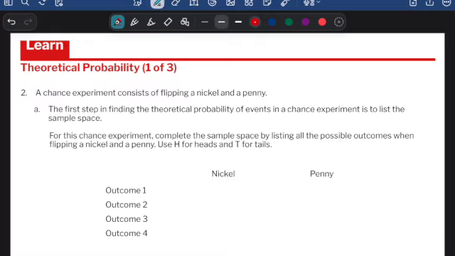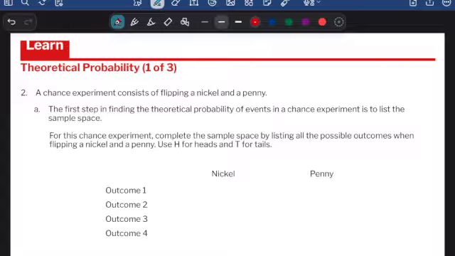Number 2, another chance experiment where we are flipping a nickel and a penny. The first step in finding the theoretical probability of events in a chance experiment is to list the sample space. So the sample space is what possible outcomes you can have. So if I'm flipping these 2 coins, we're going to just make a list of what the possible outcomes are.